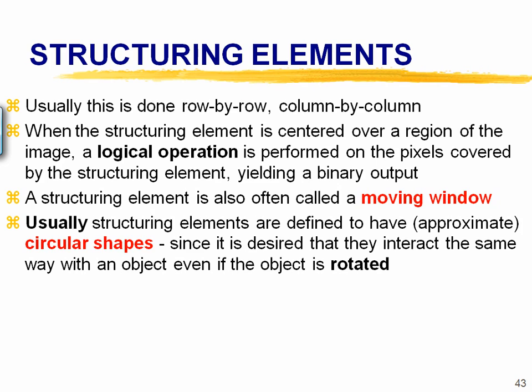Now in general, any structuring element that we use has to be moved across the entire image in order for us to perform that operation on the entire image. The movement of the structuring element is a pixel by pixel movement, independent of the size of the structuring element. That's the only way we can affect every pixel in our image by that particular operation.